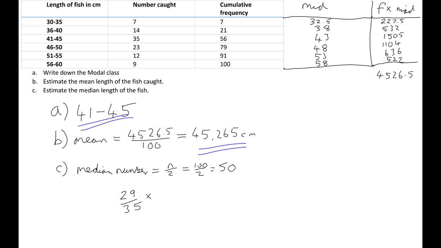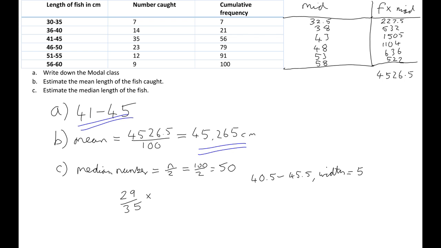So now we have to think, how wide is our class? Well, we are told that we're in the 41 to 45 class, but actually we've got to take into account rounding here. So we are in a class that starts at 40.5 and goes up to 45.5. So its width is actually 5.